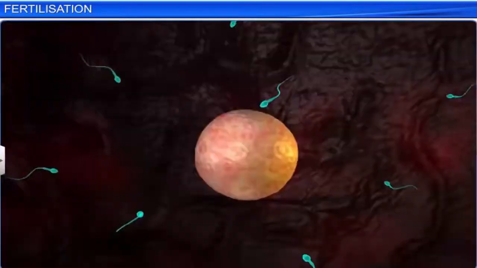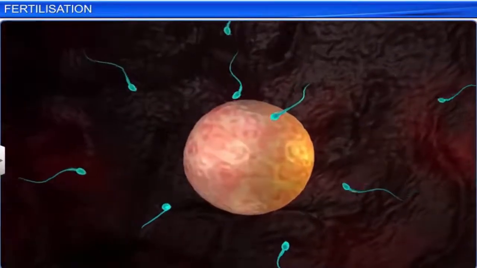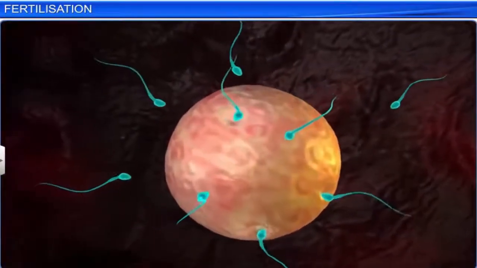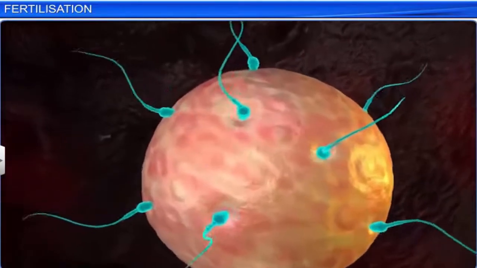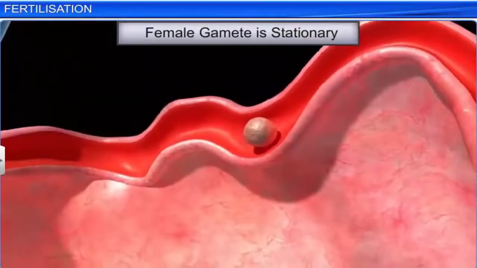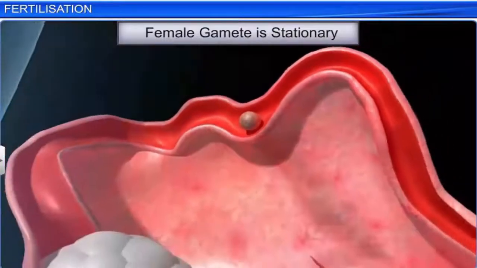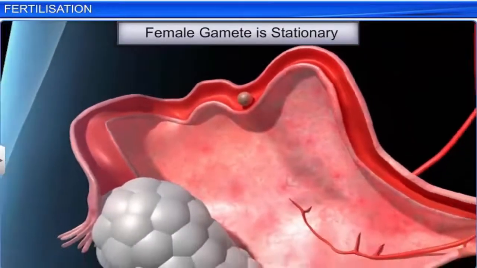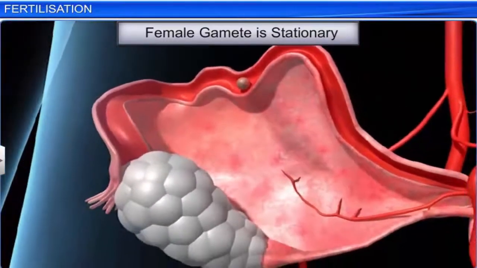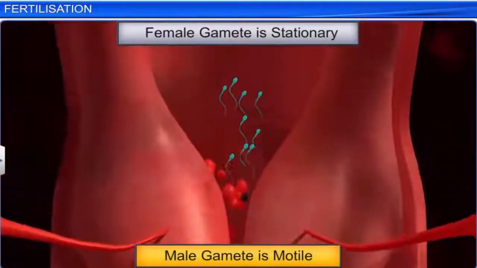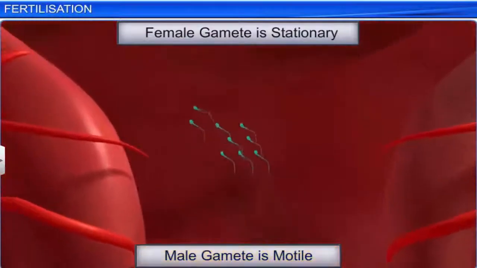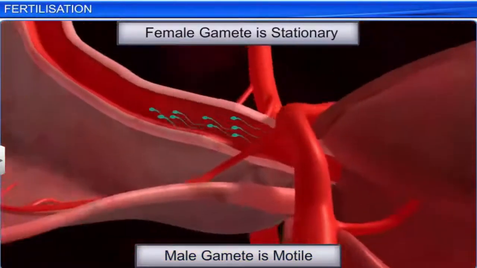In internal fertilization, the fusion of gametes occurs inside the body of the female. While the female gamete, which is formed inside the body of the female organism, is stationary in nature, the male gamete is motile, which makes it possible for internal fertilization to take place.